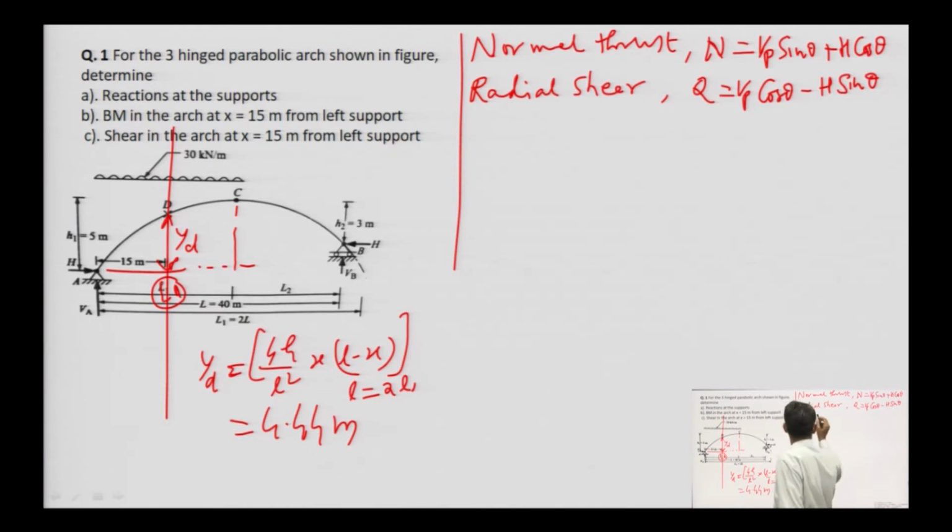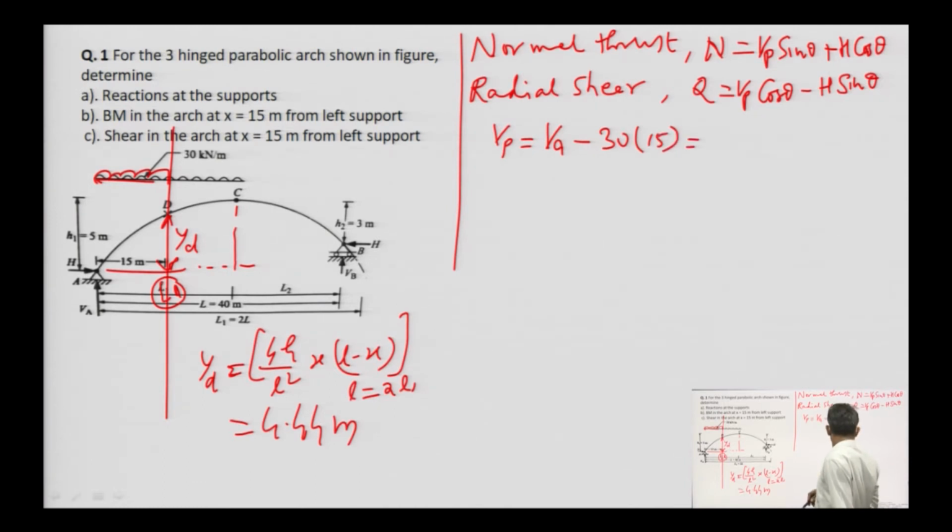And the value of Vp is Va minus the load coming on segment AD. The load coming on segment AD is 30 into 15. So, the value of Va is known to us, 528.02 minus 450.